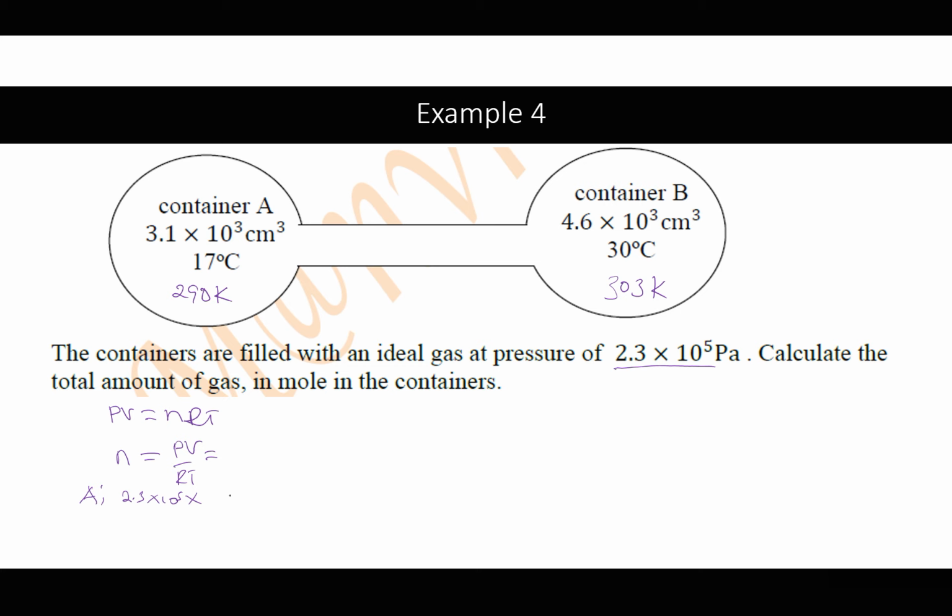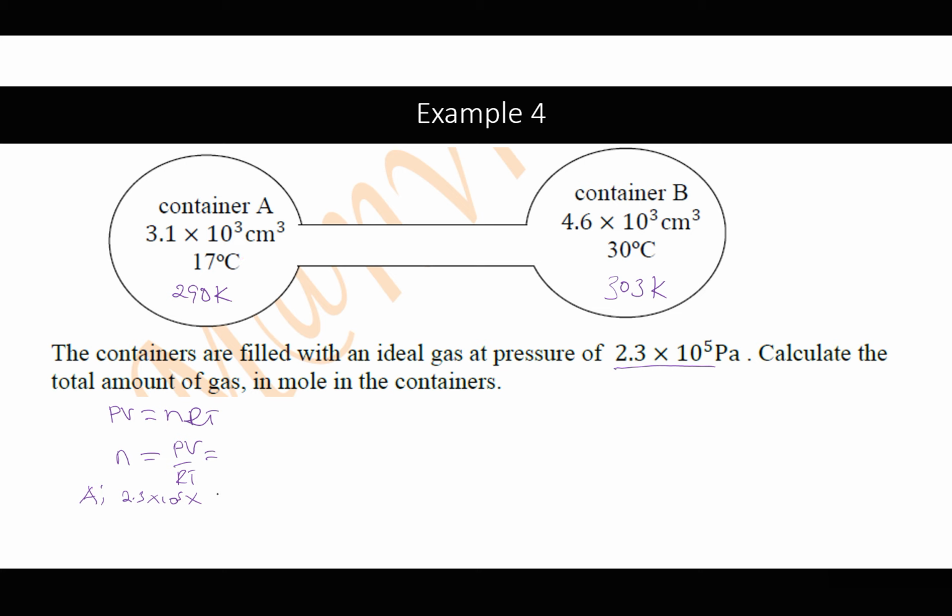The volume is given in centimeters cubed. We are going to convert from centimeters cubed to meters cubed, and when you convert to meters cubed, you multiply by 10 power negative 6.